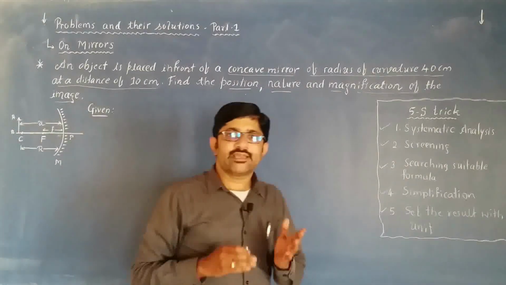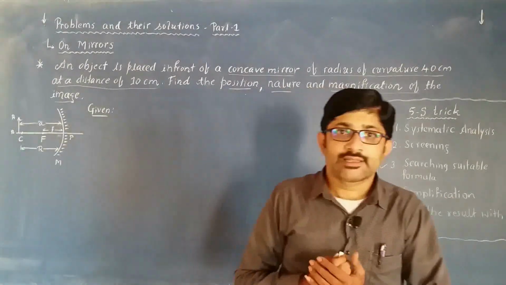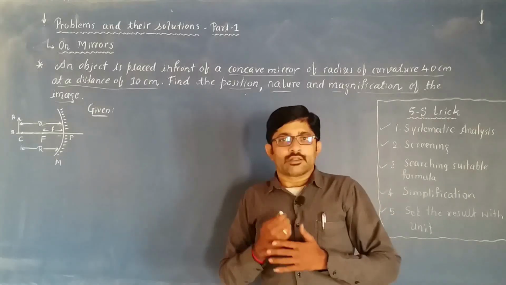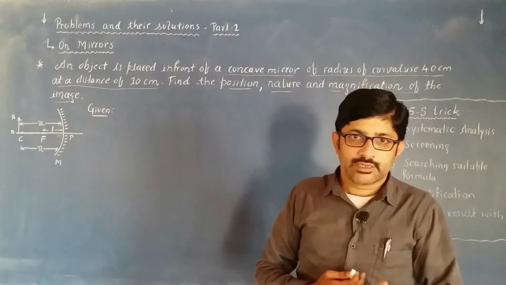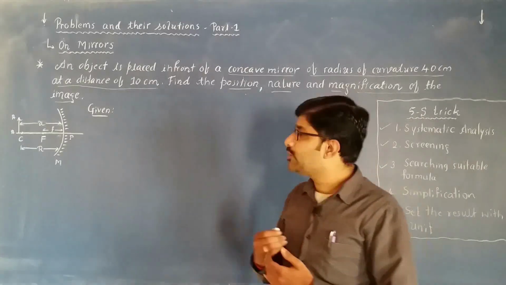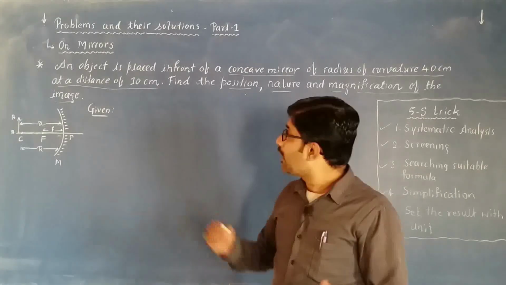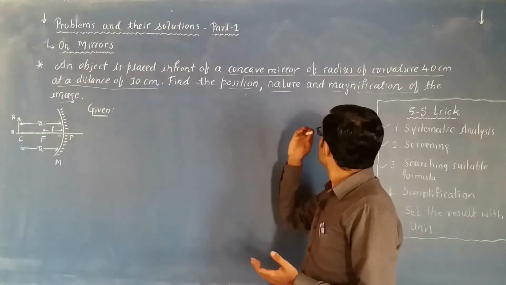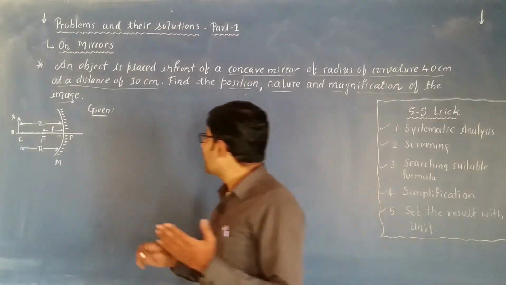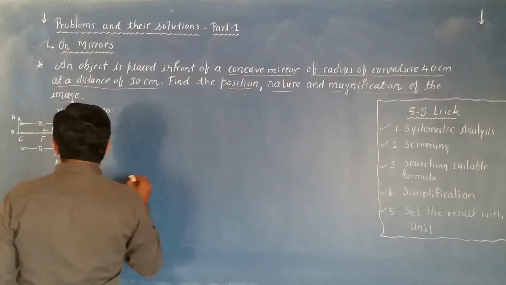They have mentioned the radius of curvature. They did not give the focal length. That's why you need to calculate focal length also along with image distance as well as the magnification. Okay, so let us try to screen them.